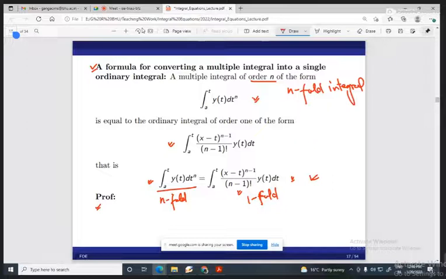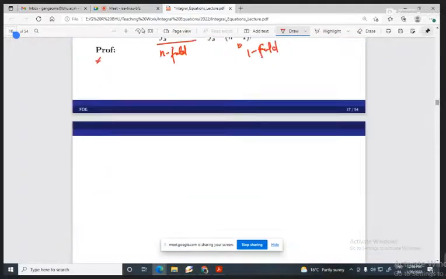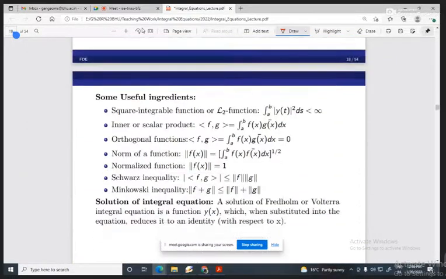Now we move to some useful ingredients which will be used in the calculation or solution of integral equations. Here are some ingredients: square integrable functions, also called L2 functions, which is valid for this expression.